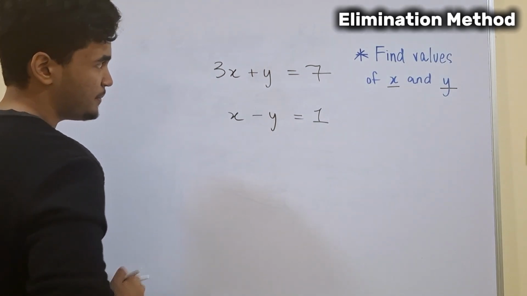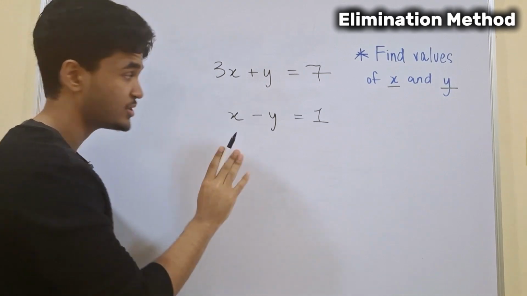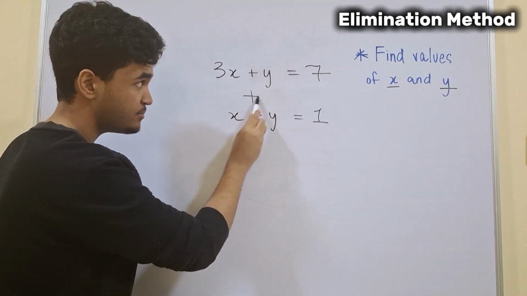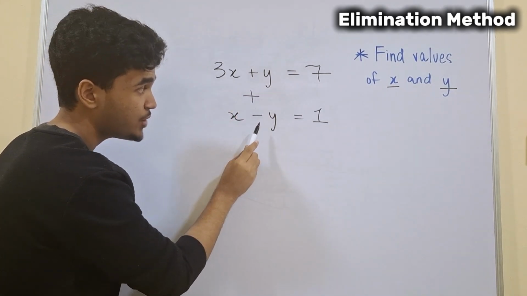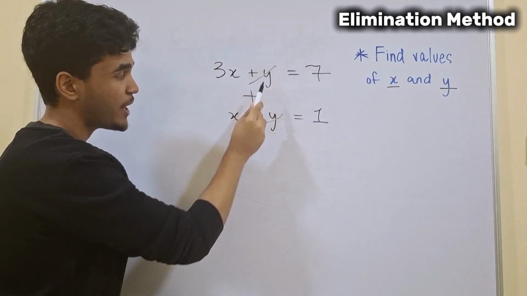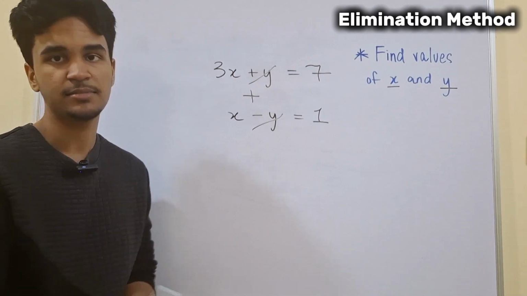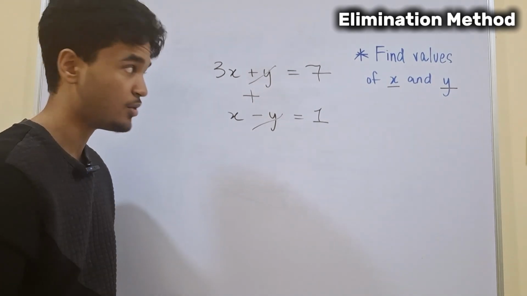What you do in this case, okay, so as you can see here, notice this. If we add these equations, you can cancel out the y's, because if you add positive y with negative y, y minus y is what? It's 0. So you cancel them out.